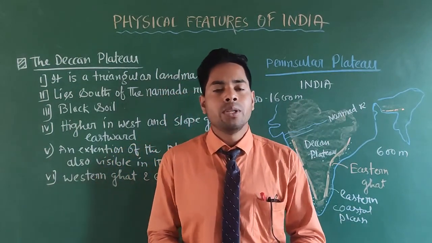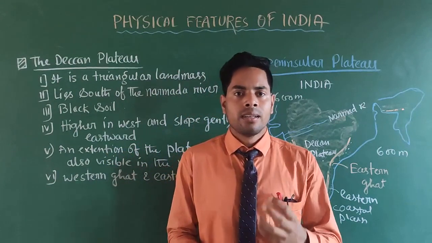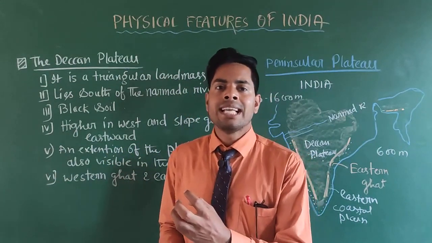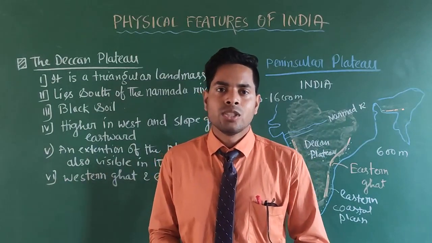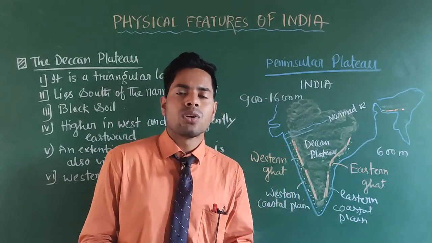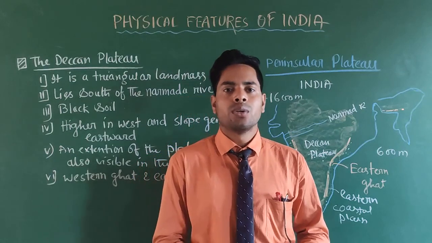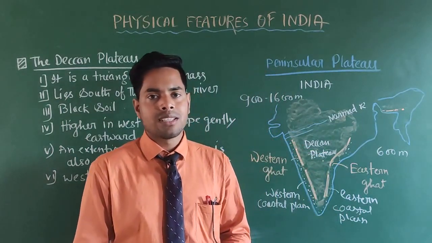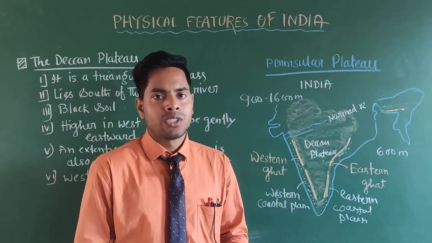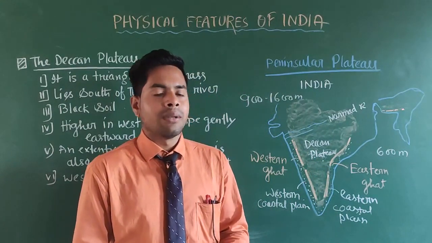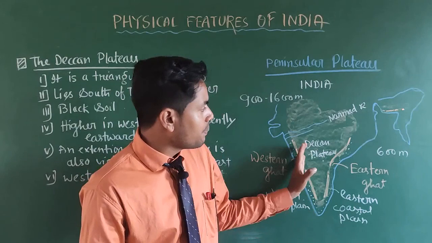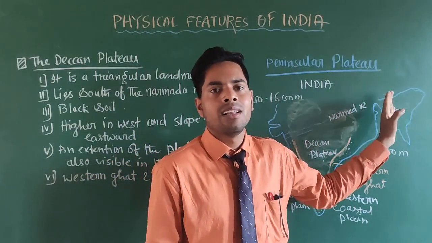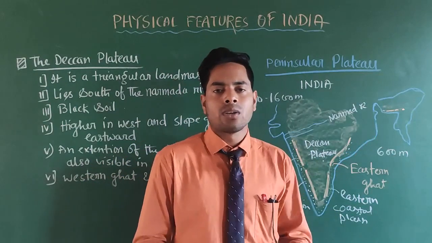Black soil is formed due to the influence of the basalt rock, that is the parent rock, and another factor is climate. Black soil is more suitable for growing cotton. That's why this soil is also known as black cotton soil.